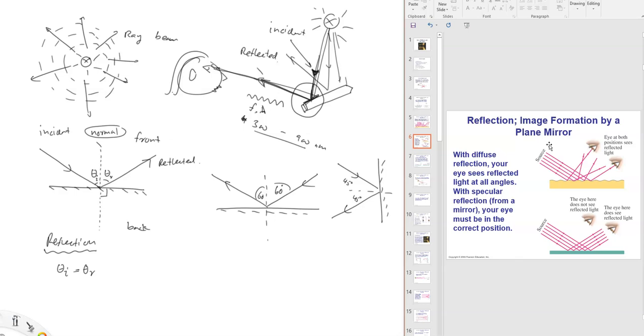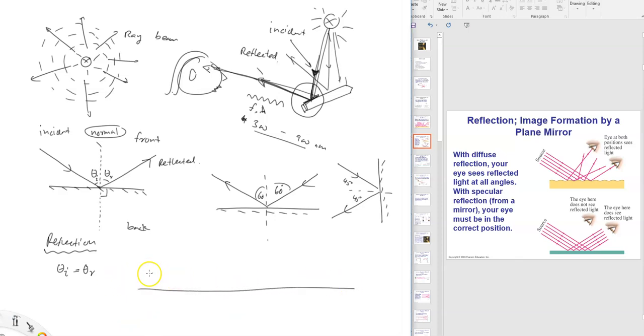Here's another example. Think about driving on the highway at night. So, here's the road. This is you, driving, going this way. And here's a vehicle on the other side of the lane coming towards you.